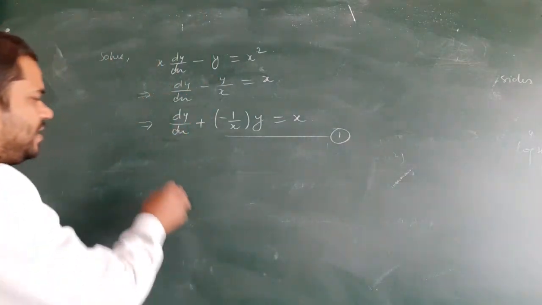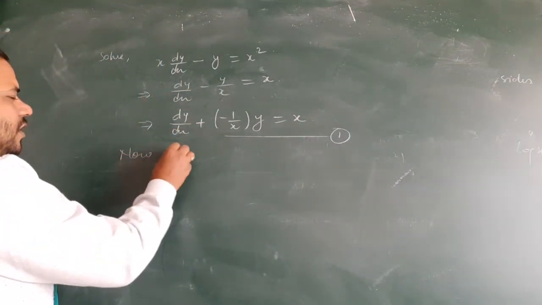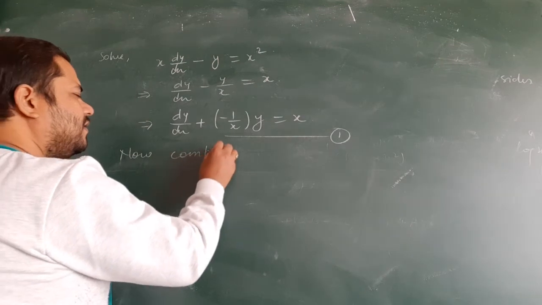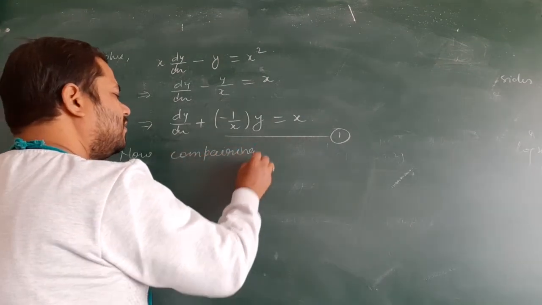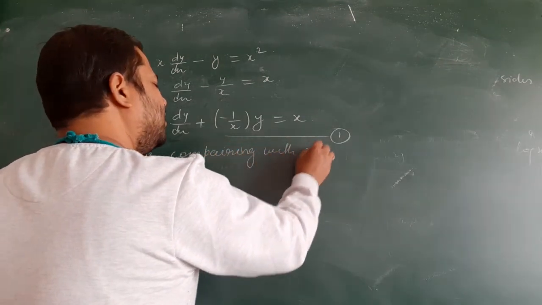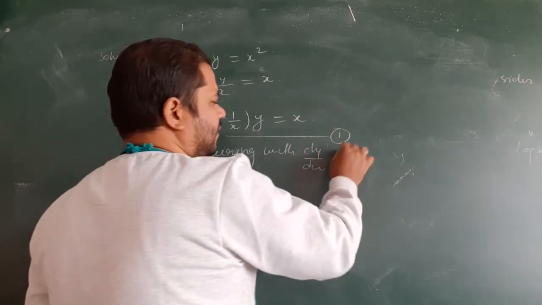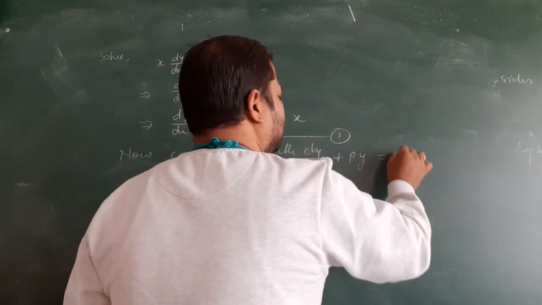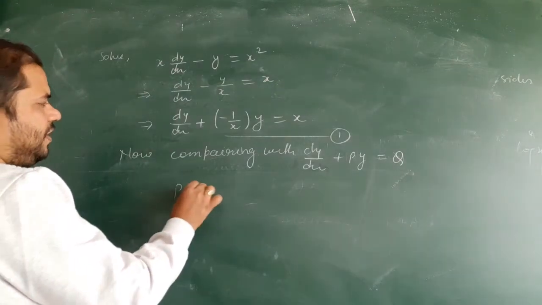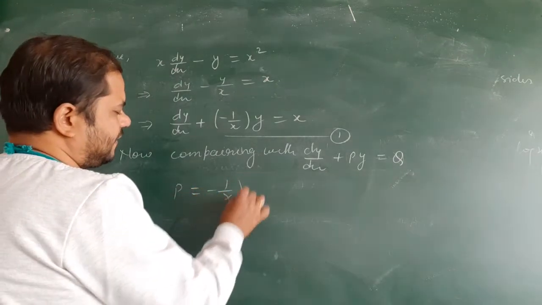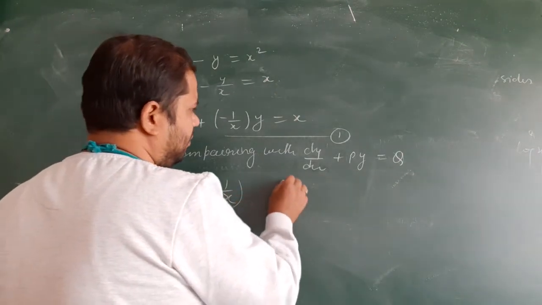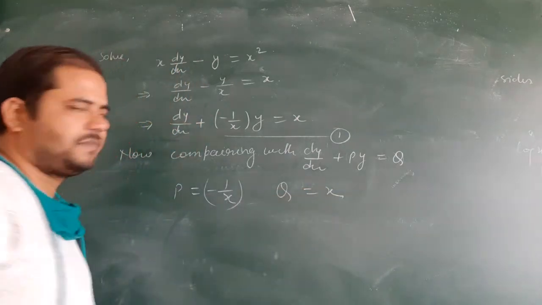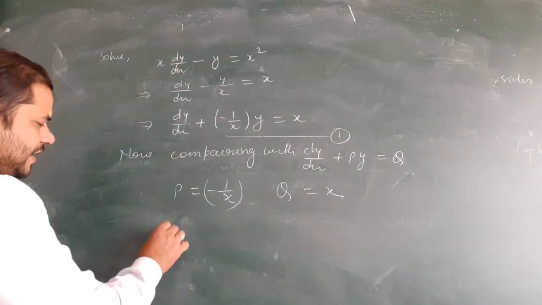Now comparing with dy by dx plus py is equal to q, we have p is equal to minus 1 upon x and q is equal to x. Now what is the integrating factor?